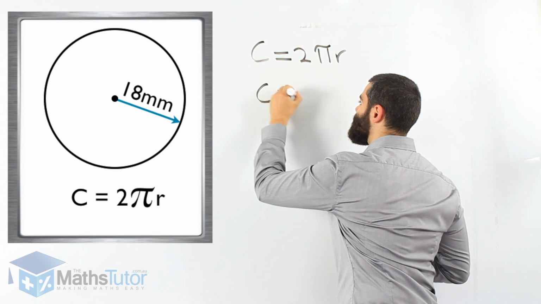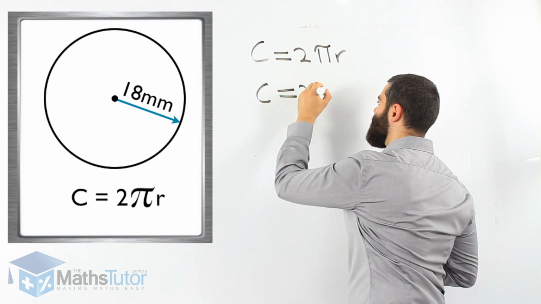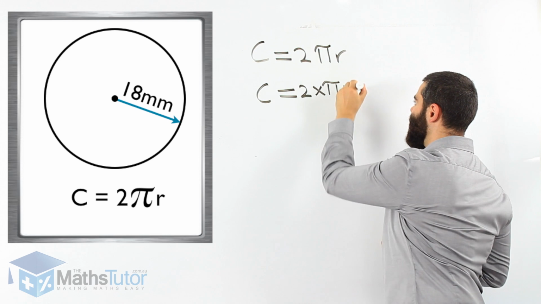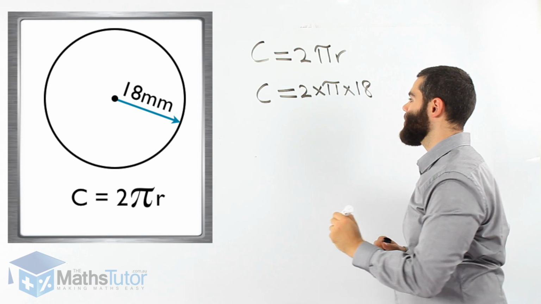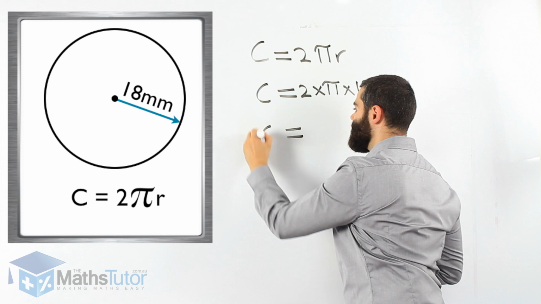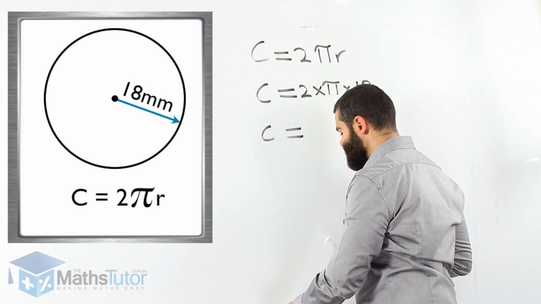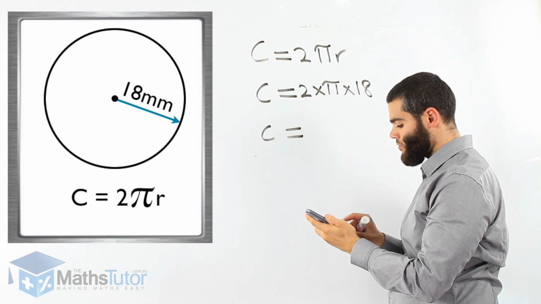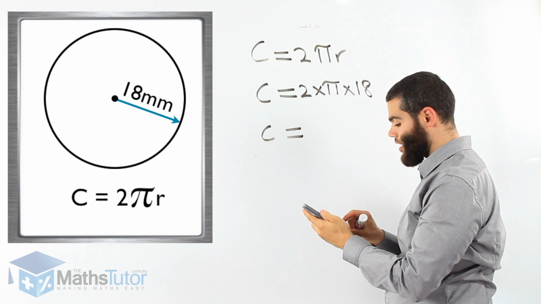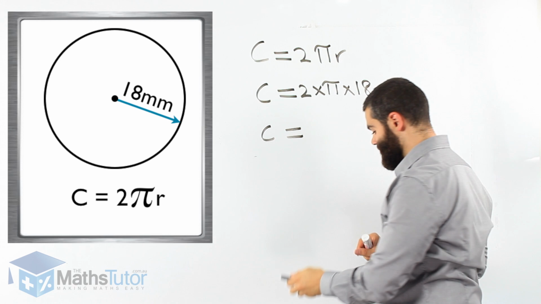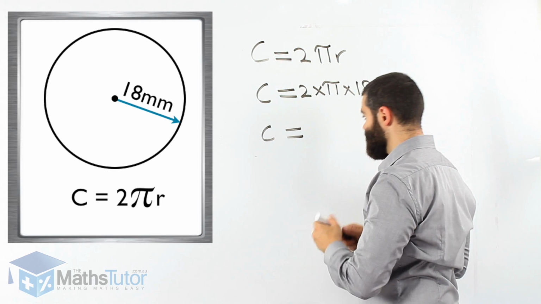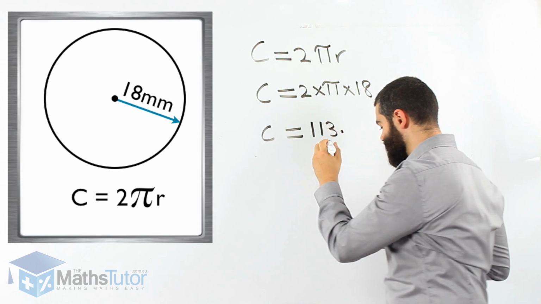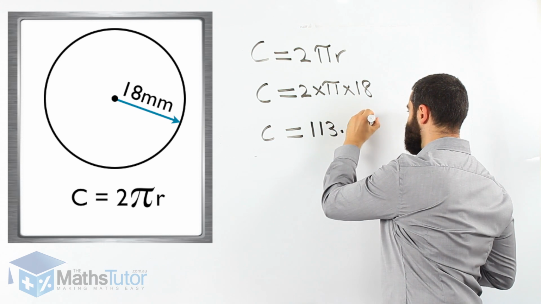2 times pi and our radius is 18 millimeters. Grab your calculator. Let's do it together. 2 times pi times 18. 113.097.